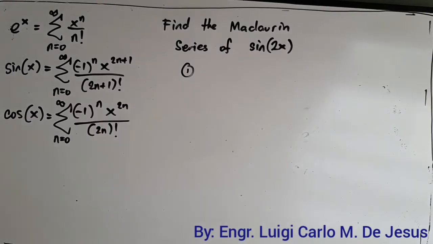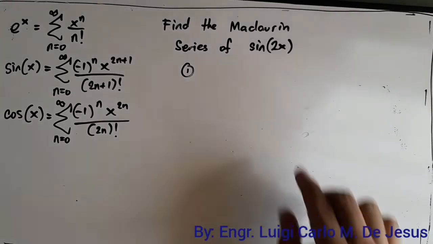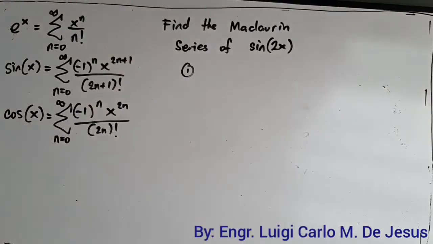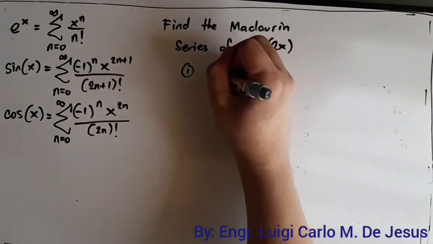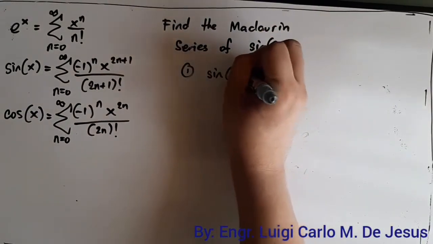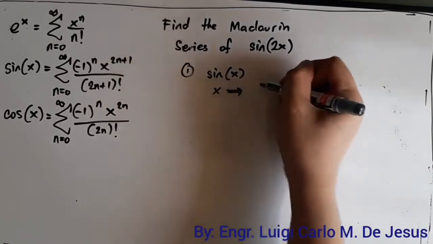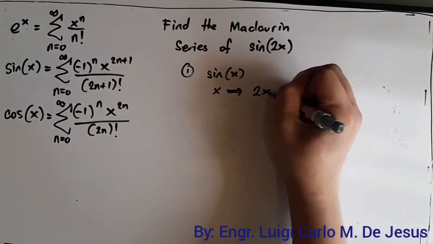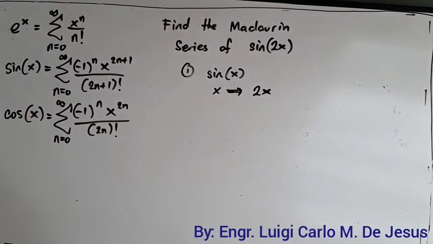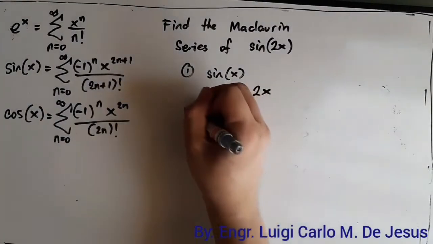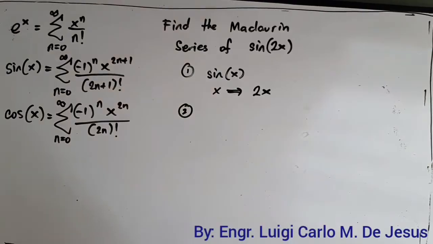Now, first of all, what is the equation of this one? This is sine 2x. So therefore, we will use the format of the sine x, wherein the x here we will substitute to become 2x.